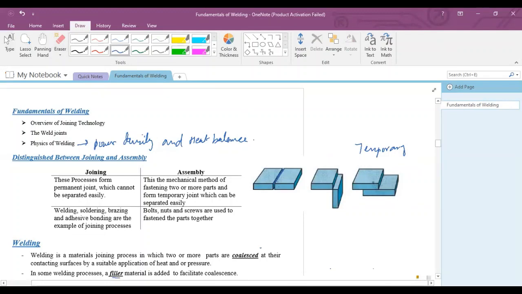These two plates are welded in the joining process. From here, I will mark it with red color. This is one joint point, and this other one is this joint point.